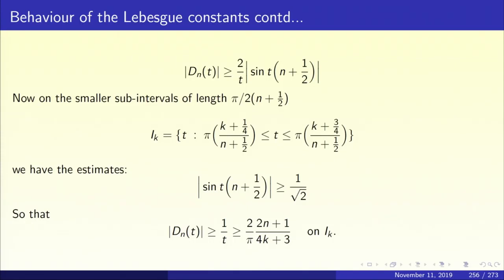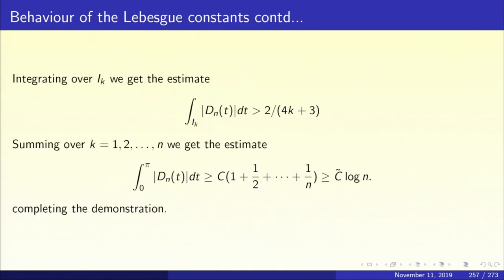And 1/t is bigger than 2/π times (2n + 1)/(4k + 3) on this subinterval I_k. So on each of these subintervals I_k, I got a lower bound for D_n(t). So now look, the integral over I_k of |D_n(t)| is going to be greater than or equal to 2/(4k + 3). So this is the estimate of the integral on a smaller interval.